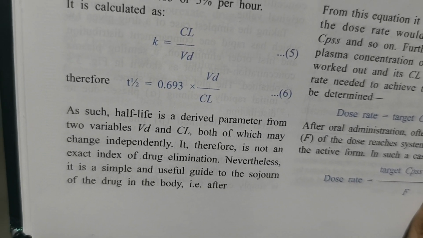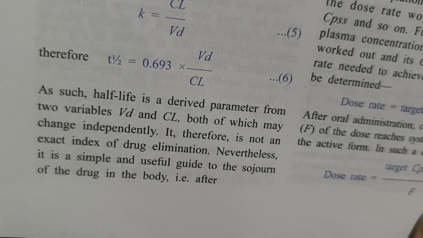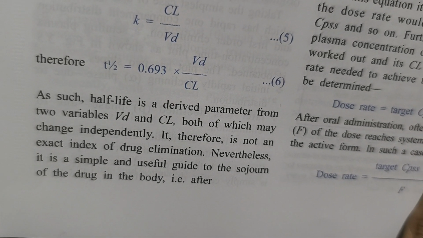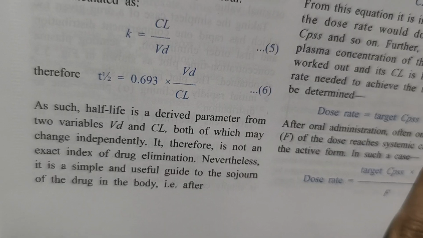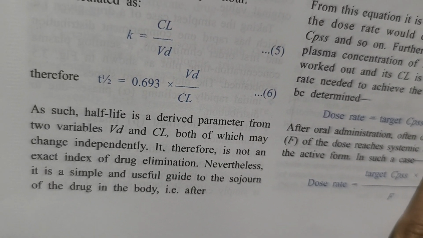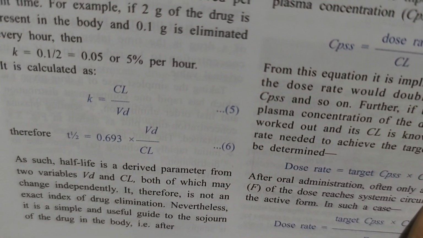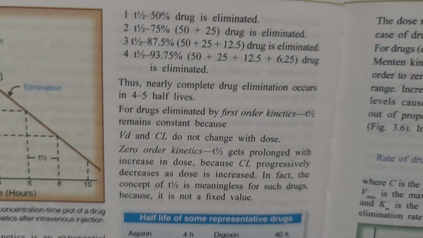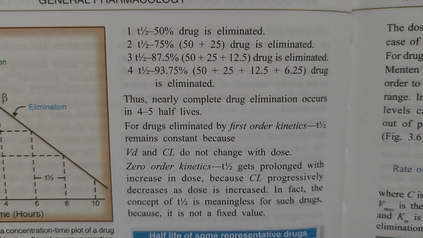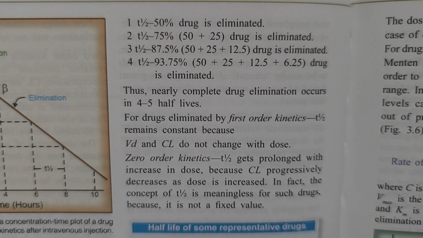It therefore is not an exact index for drug elimination. Nevertheless, it is a simple and useful guide to the sojourn of the drug in the body, that is, after one half-life, 50% of the drug is eliminated.